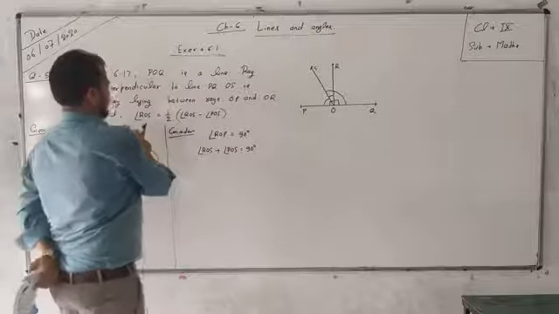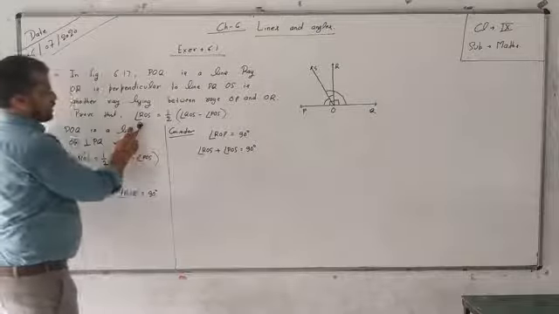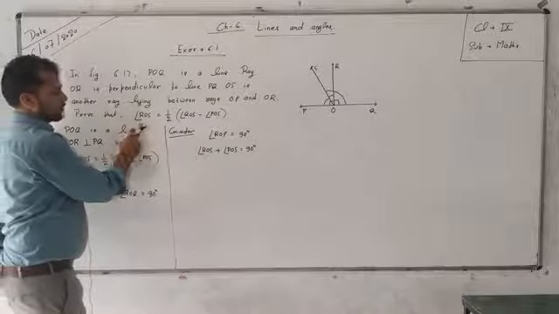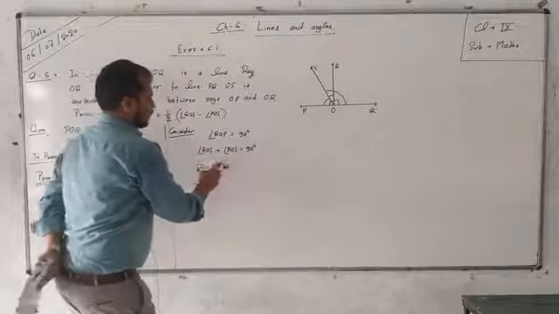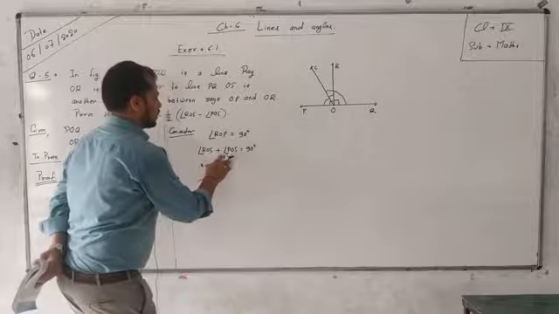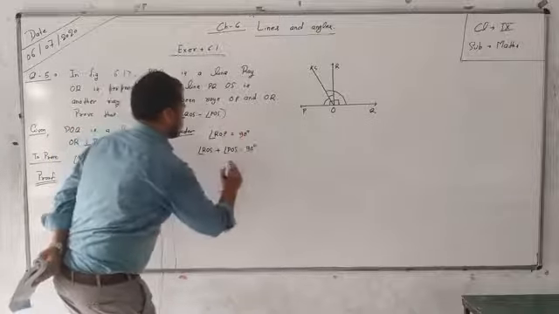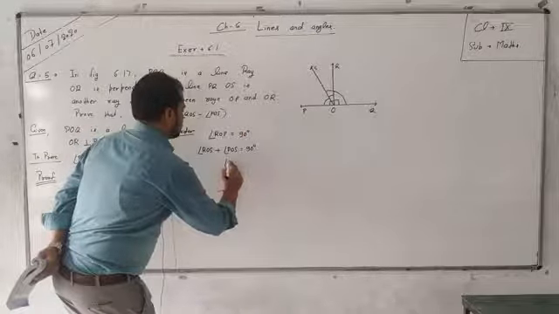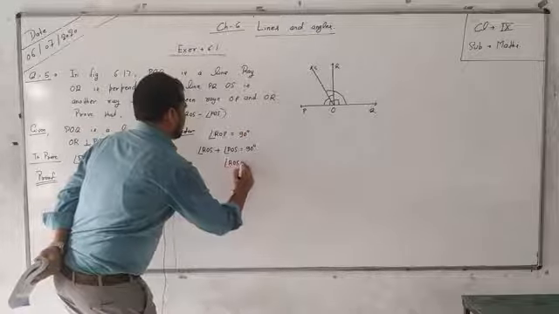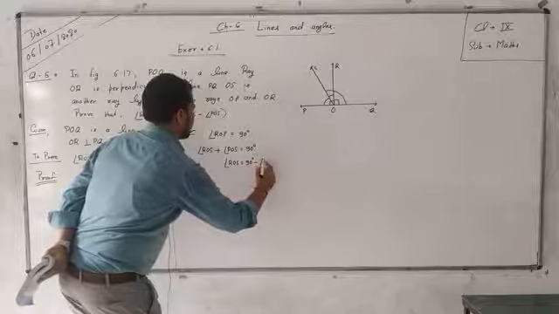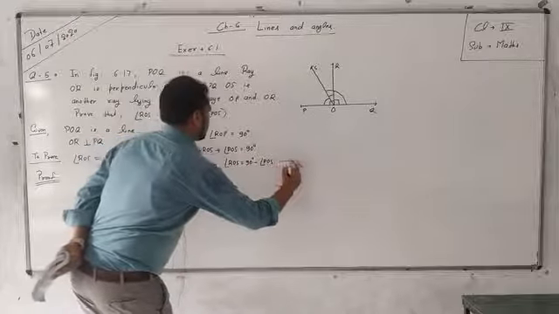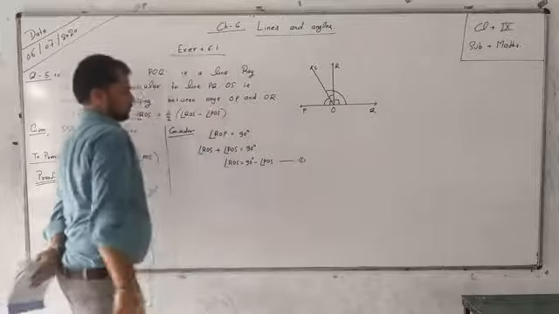Because you want angle ROS in LHS to prove, that's why this ROS is on your left LHS and transfer the angle POS to RHS. So it is angle ROS is equals to 90 degree minus angle POS, equation number 1.